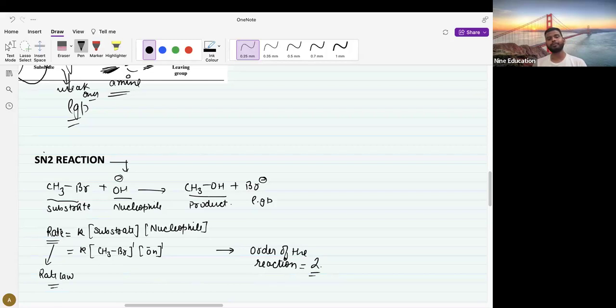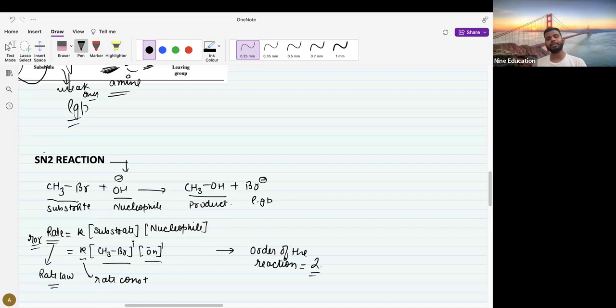We will write the rate of the reaction, ROR. So rate of the reaction will be dependent upon K. K is rate constant, into concentration of alkyl halide CH3Br, into concentration of OH minus.